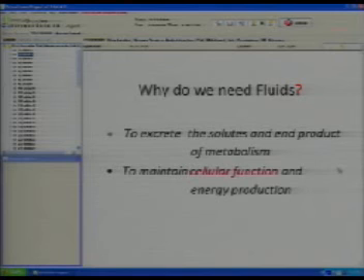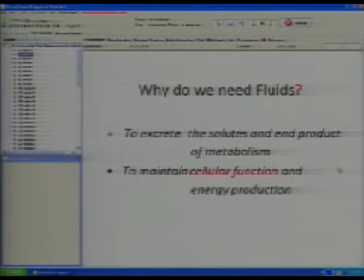As we know, the fluids excrete the solutes and end products of metabolism. But the primary function of fluid in the body is to maintain cellular function and energy production.